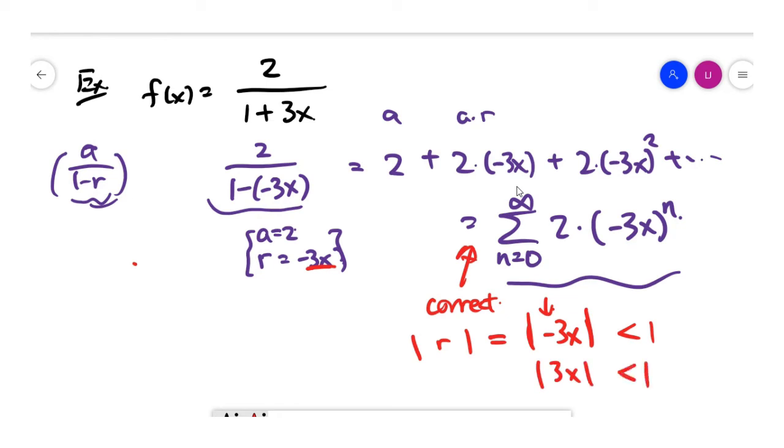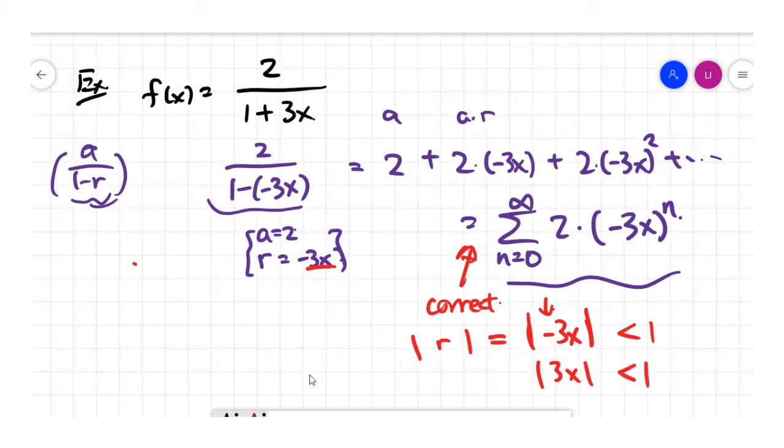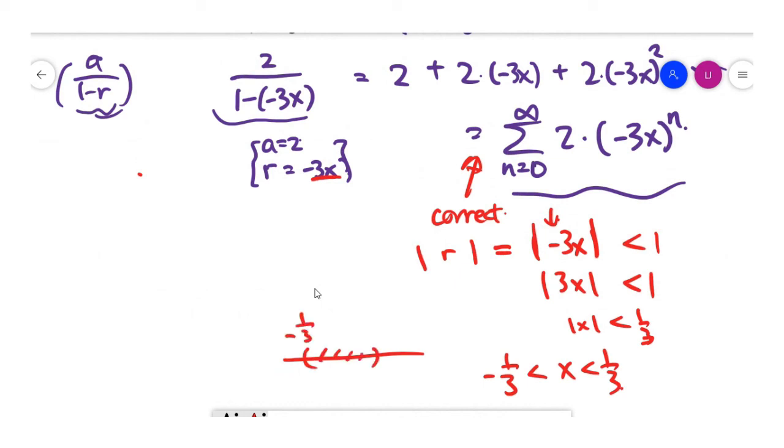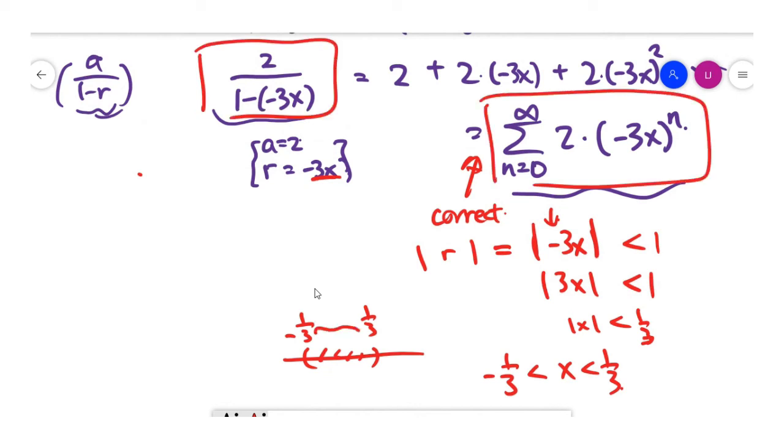Basically, it's the same as the absolute value of 3x is less than 1. And I think we can resolve it. We can make it look like the absolute value of x is less than 1 over 3. Basically, it means all the x between minus 1 over 3 and 1 over 3. And to be honest, it's actually quite a short range of x such that our current formula is correct.